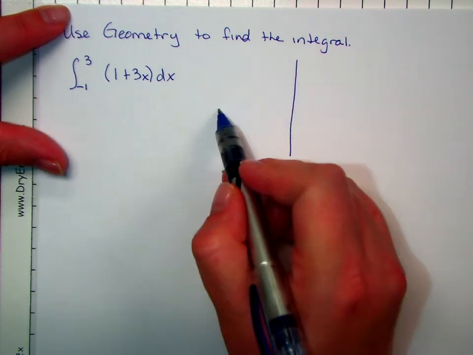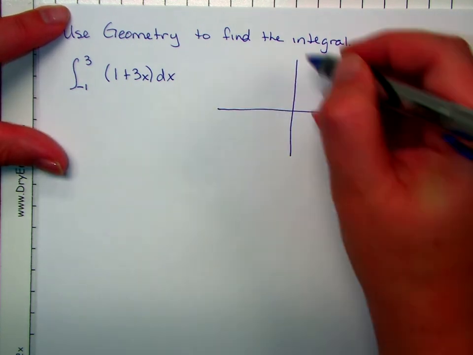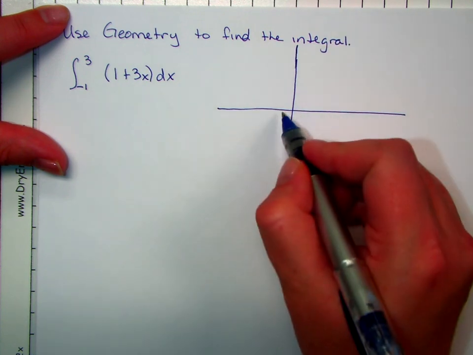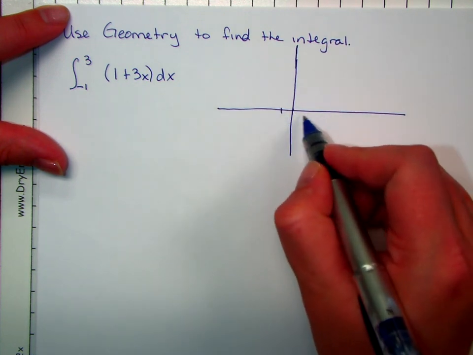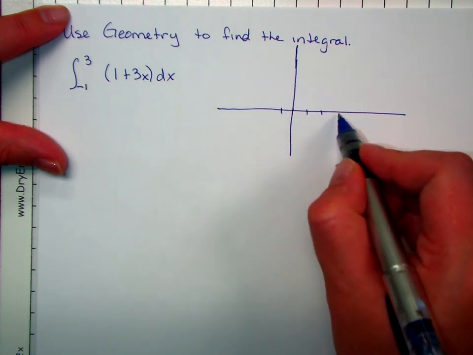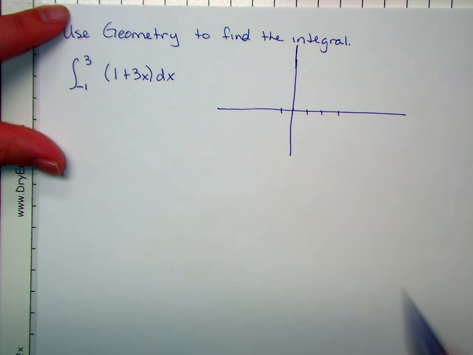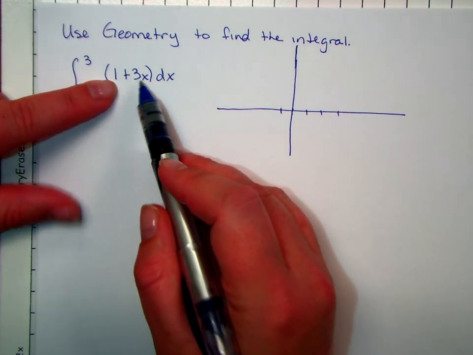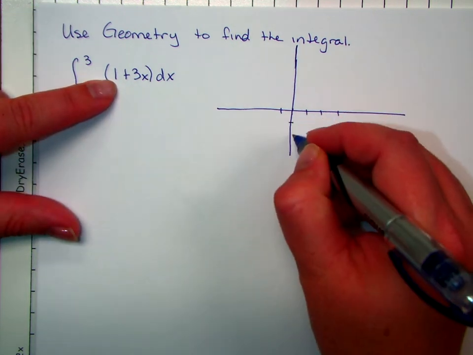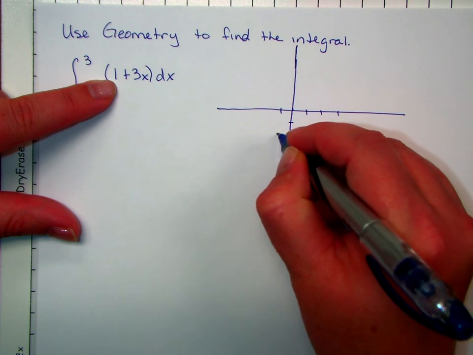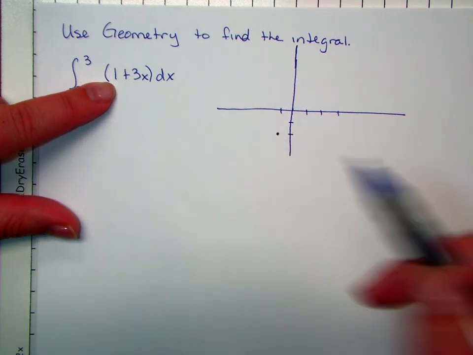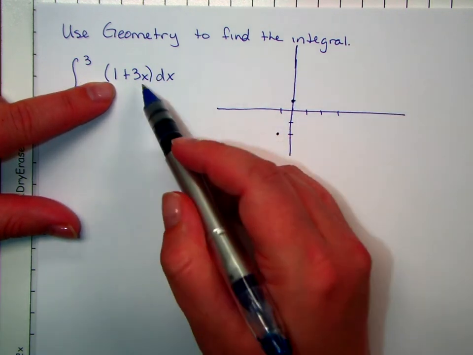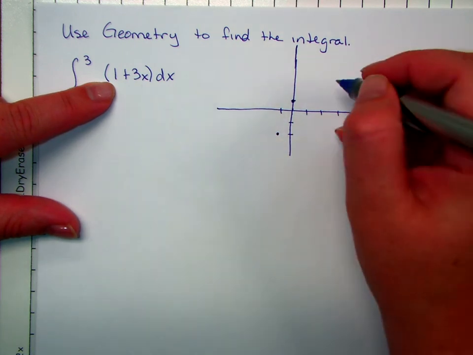So if I were to graph 1 plus 3x, I'm going to have to be really careful here. Right, between -1 and 3. So let me plot those points. If I plug -1 into here, I'm going to get 1 minus 3, which is -2. So here's my first point. If I plug 0 in there, we're up at 1. If I plug 1 in there, we're up at 4.